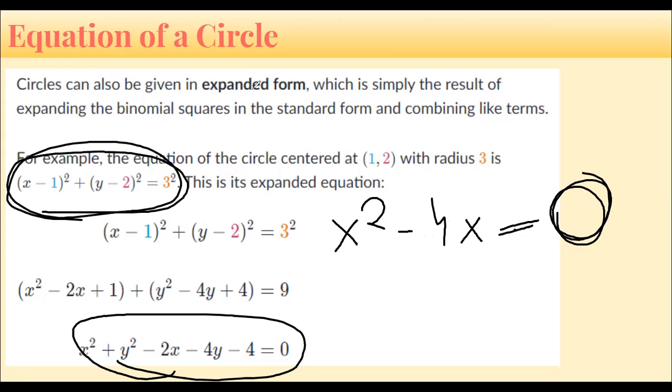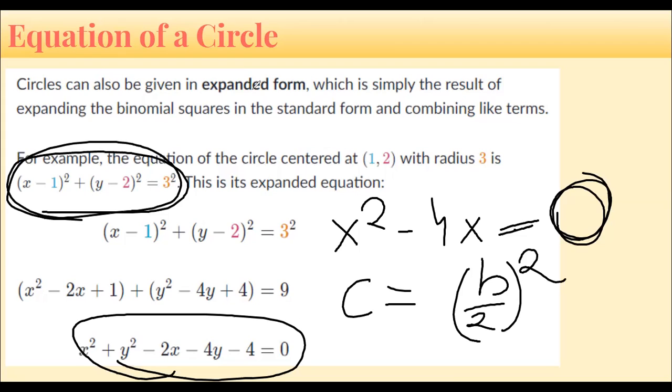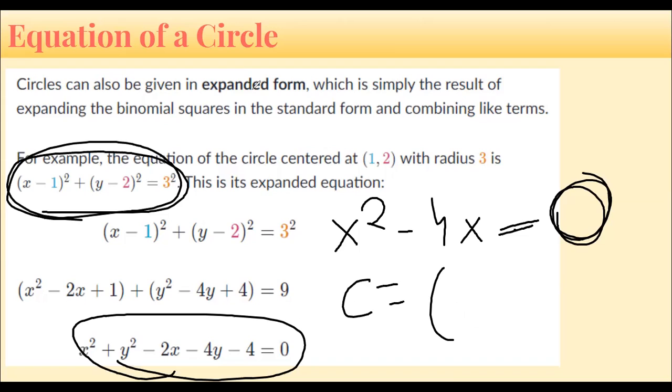You could add a third term, so c is equal to 1/2 b squared, so essentially b over 2 squared. So in this particular example, c would equal b over 2 squared. So b is -4, over 2 is -2, squared, which is equal to 4. So you could add 4 to this side, but you need to remember that in math, we add, subtract, divide, whatever on both sides of the equation.